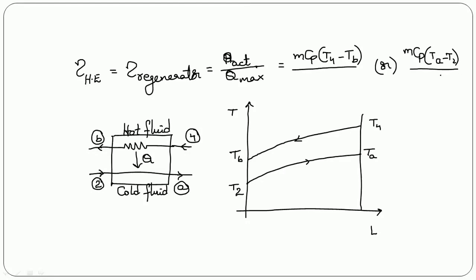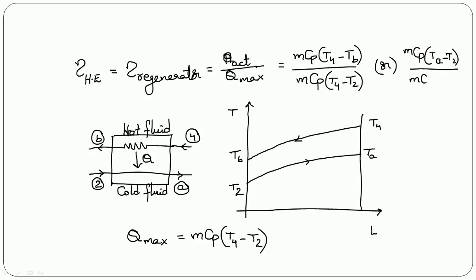So heat lost by hot fluid or heat gained by cold fluid, divided by maximum heat transfer. The maximum heat transfer Q max will be equal to mass into specific heat multiplied by the maximum temperature difference. The maximum temperature difference is from T4 to T2. So we can write this as mCp (T4 minus T2).